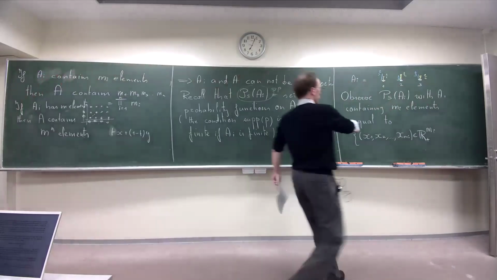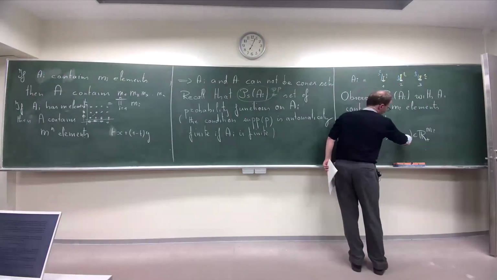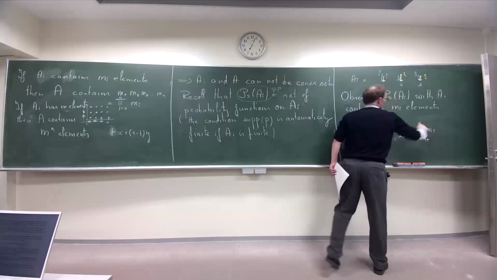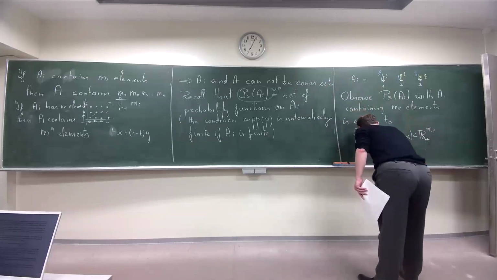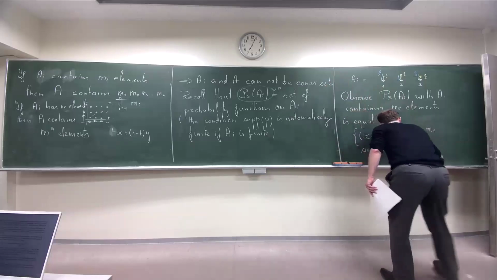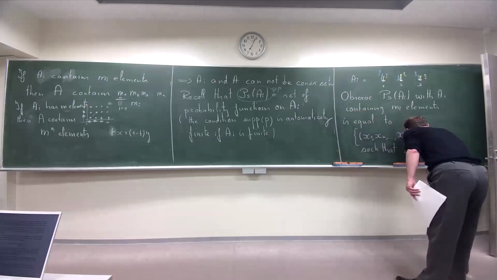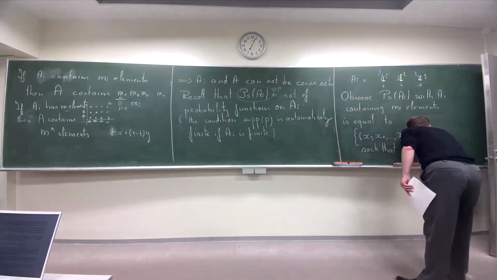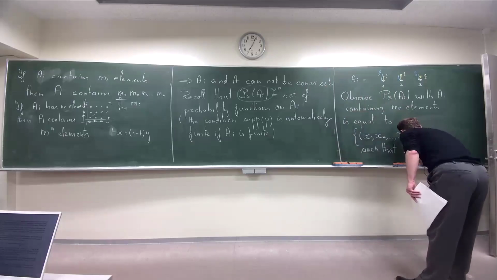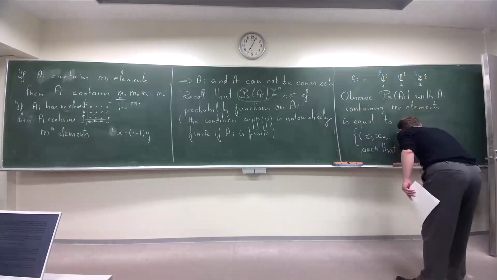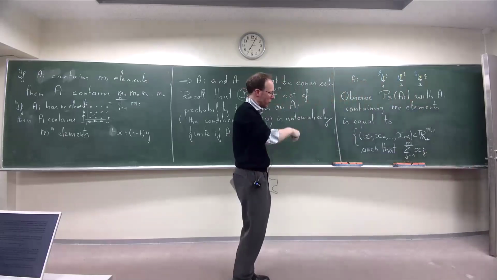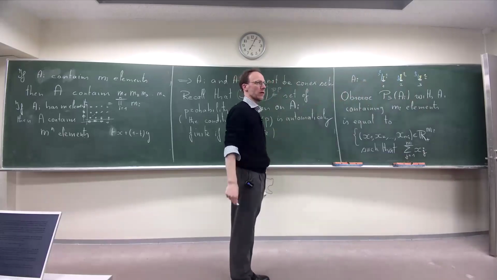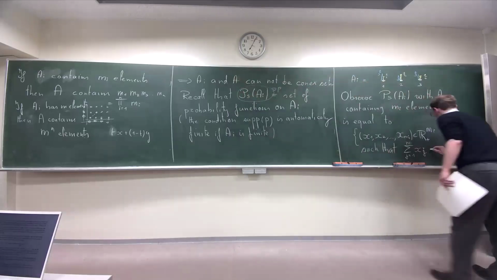So it's a set of x1 up to xmi in this mi dimensional space, such that the sum of the xj, I should not use the same index, I is fixed, the first one plus the second one plus the third one and so on, is equal to 1.